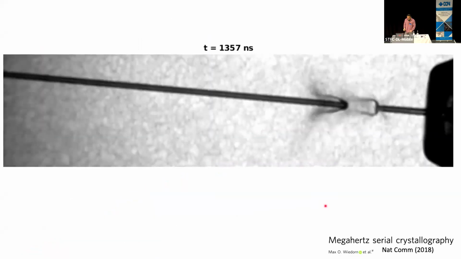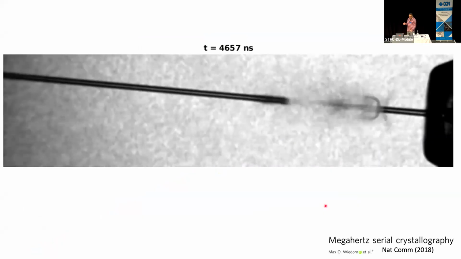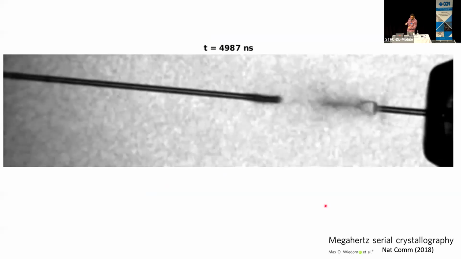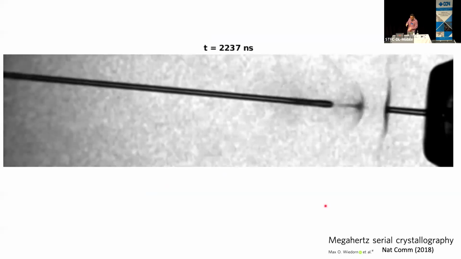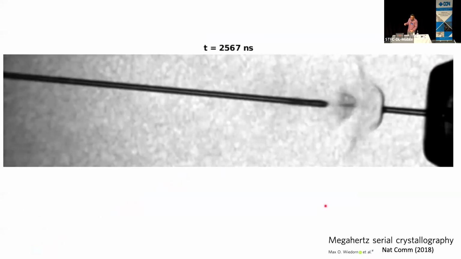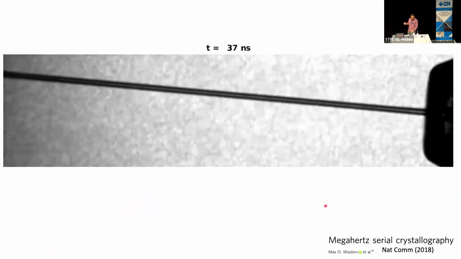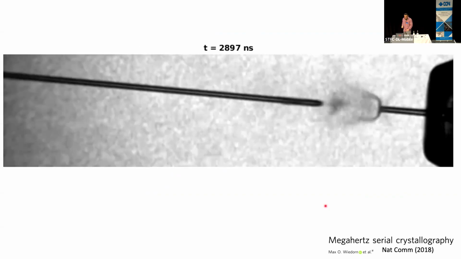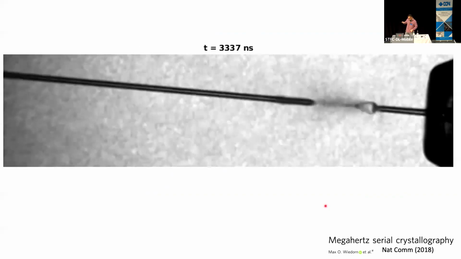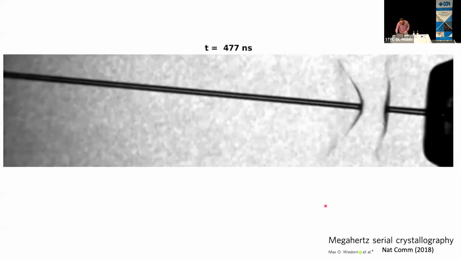This is what happens if you run too slow. You can see here that the first pulse is causing the jet of your crystals to fray, and by the time the second pulse arrives, it hasn't recovered yet. This would basically be a very bad data set, because all this spray would show up on the detector and it would look very speckly and bad.